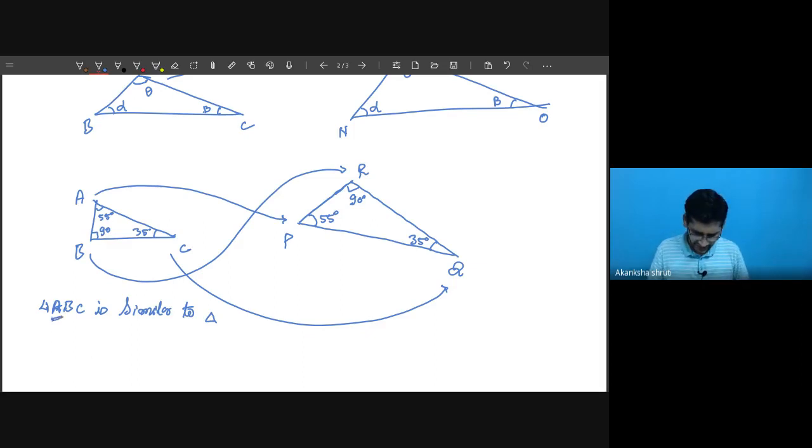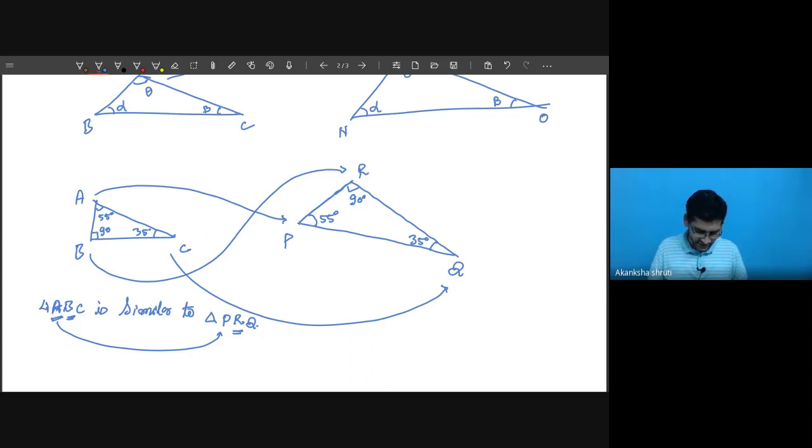Here A is going to match with P. So we shall first write this as P. Now search for B. Corresponding to B, it is not Q, it is R. So we then write R. Then corresponding to C, we have this Q. So this is the meaning of respective angles.